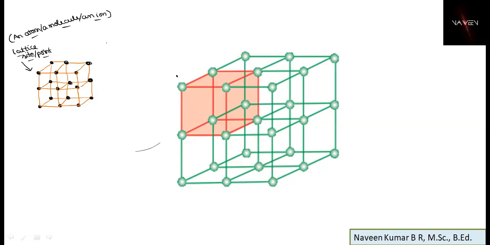Now, if you observe here, it is a crystal site, it is a lattice point. Each of these particles represents an atom or an ion or a molecule based on the type of the crystalline solid.